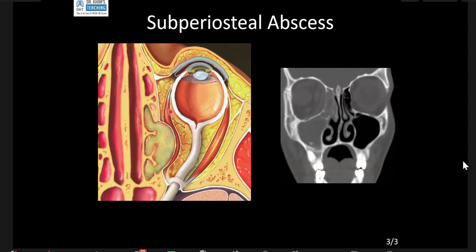Of course, the inflammatory phlegmon will go into the orbit. It can cause myositis, which will be enhancement of the muscle and enhancement of the fat. In this particular case, look here. If you look carefully, this is the medial rectus, and you can see another opacity here, and this opacity is because of this subperiosteal abscess.